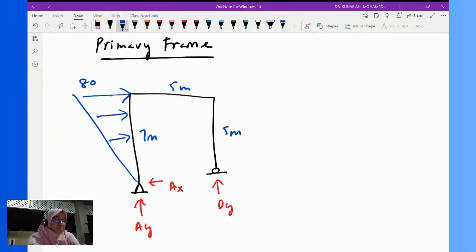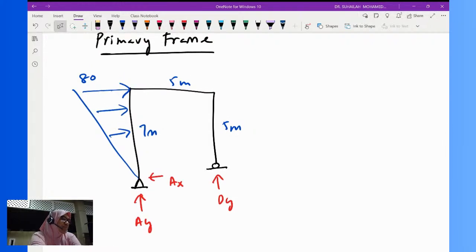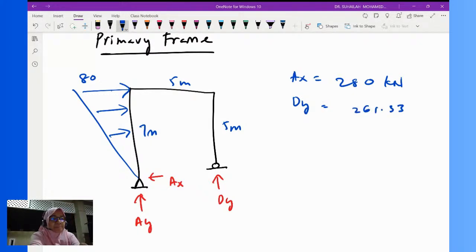So you have calculated this in class today, right? The AX value is 280 kilonewton. DY is 261.33, if I'm not mistaken. Please check. Kilonewton. And AY is negative 261.33 kilonewton.